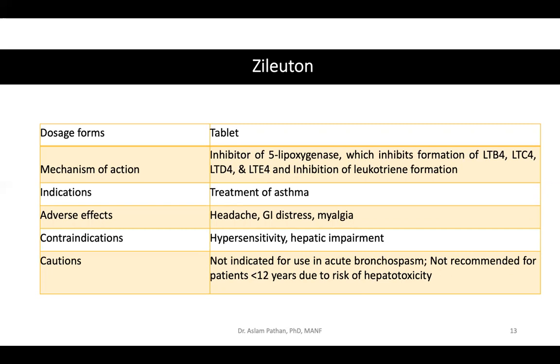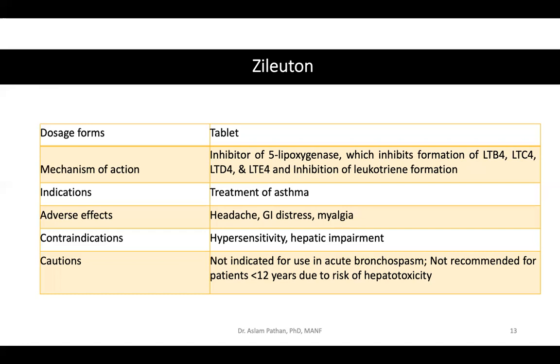This is the most important difference. Indications: treatment of asthma. Adverse effects: headache, gastrointestinal distress, myalgia.